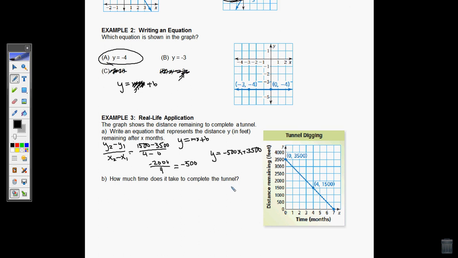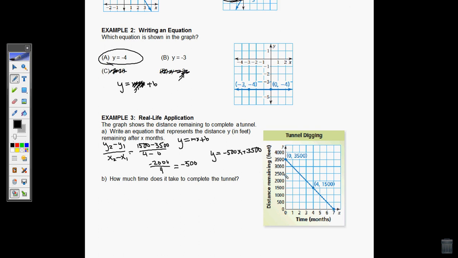Now you might be thinking you have to compute something here. You don't. It's simply a matter of interpreting the intercepts. If I knew that the y-intercept gave me the amount of distance that I had to dig when I had just started, the x-intercept tells me how much time it takes before I have no more distance to go. Right?